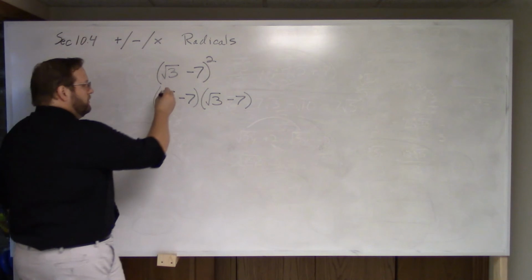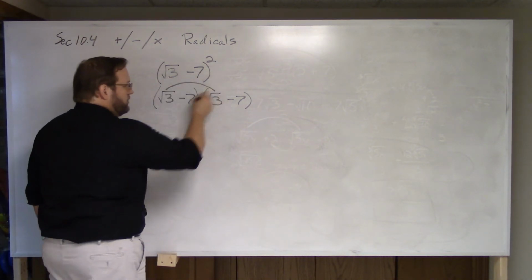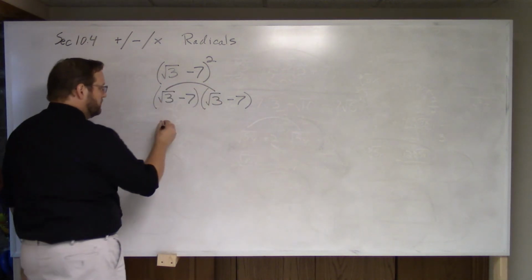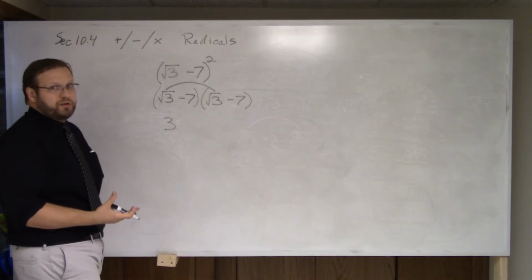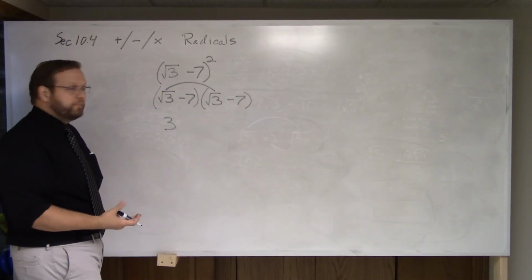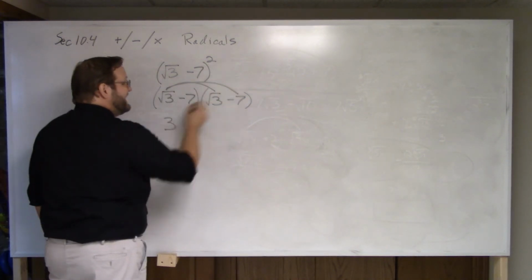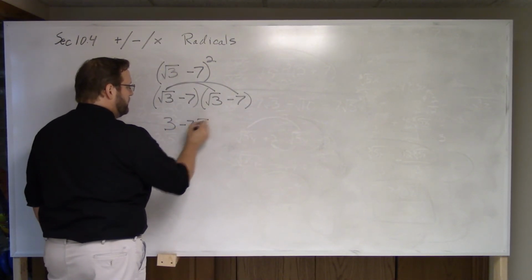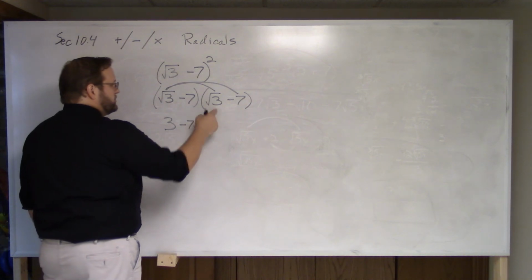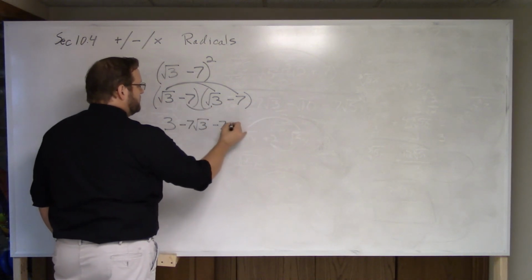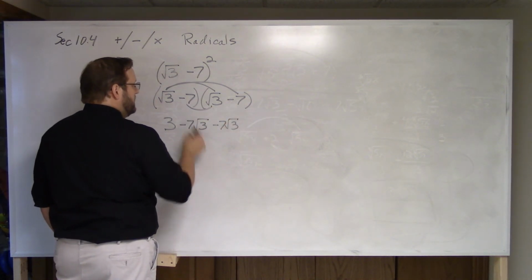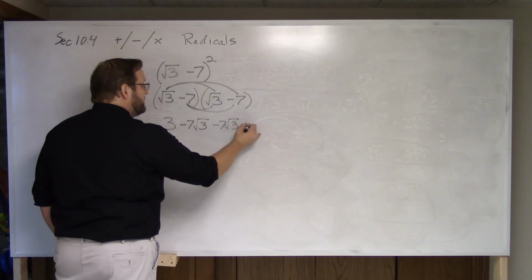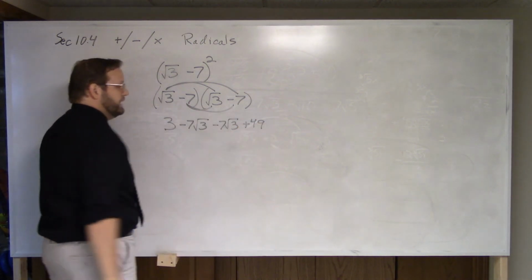Okay? Now, this will hold true though. Square root of 3 times square root of 3? 3. You can write square root of 9, but it's going to be 3. Then square root of 3 times negative 7 is negative 7 root 3. Negative 7 times square root of 3 is negative 7 square root of 3. Negative 7 times negative 7 is positive 49.